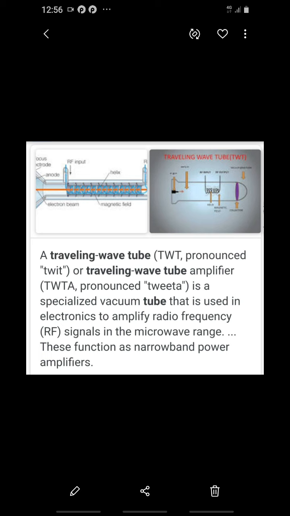The interaction takes place between the electron beam and RF field when they are traveling through the helix, and the electron beam delivers energy to the RF wave on the helix. Therefore, the RF signal wave grows and an amplified output is obtained at the output of the TWT.